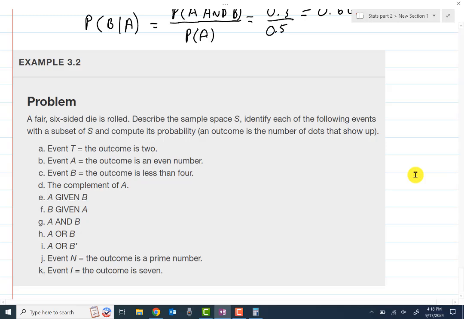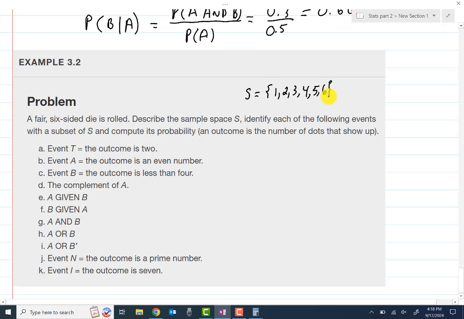Here's another extended example to try to make this material easier for you to understand. We've done this before. A fair 6-sided die is rolled. Describe the sample space. Easy enough. S will equal 1, 2, 3, 4, 5, and 6. The event T, the outcome is a 2.